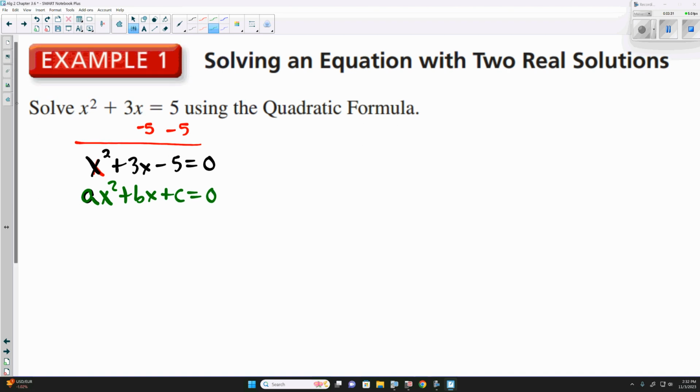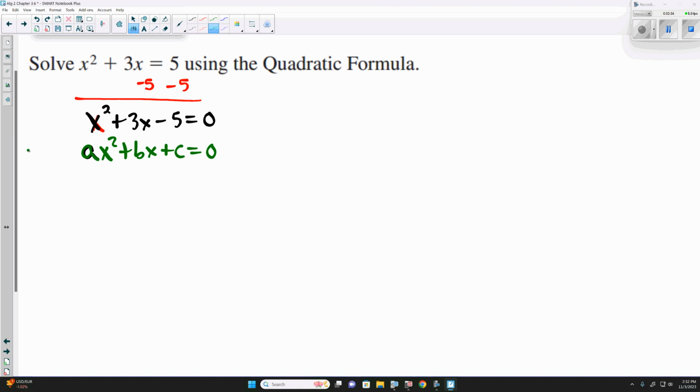Now we are relating this to our ax squared plus bx plus c equals 0. Now for us here, we're going to find the values of a, b, and c. The value of a in this case would be 1, the value of b is 3, and the value of c is negative 5. So we take the sign with it. Since there's not a sign in front of x squared, it's positive 1. Our plus 3 is positive 3. Minus 5 would give us negative 5.